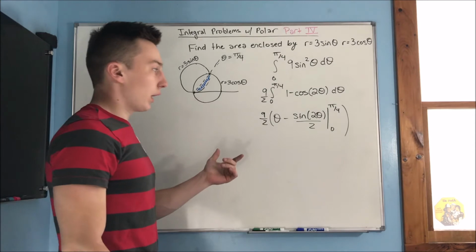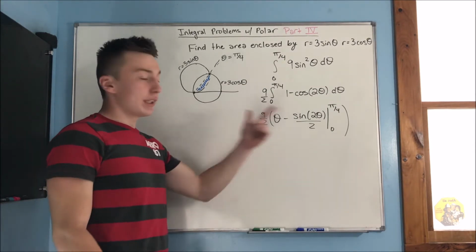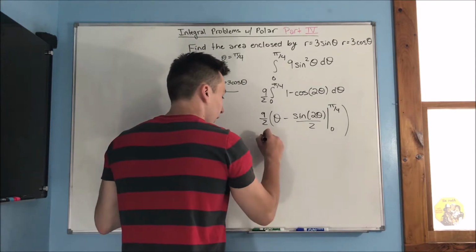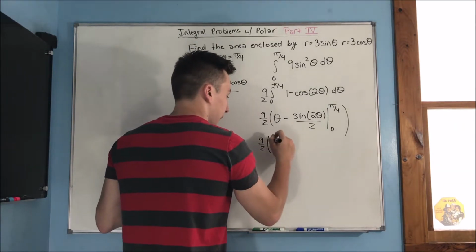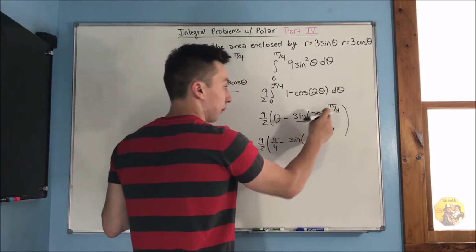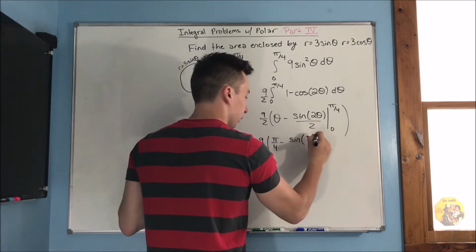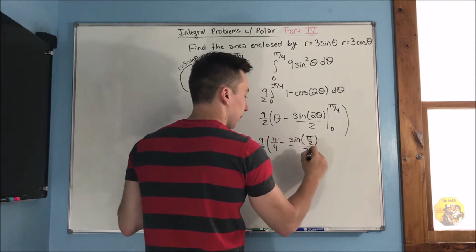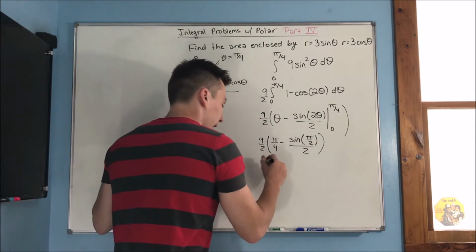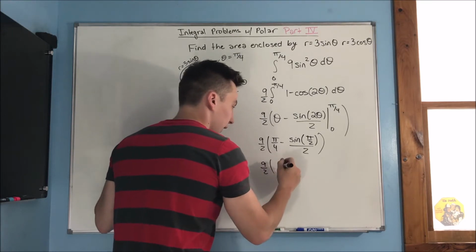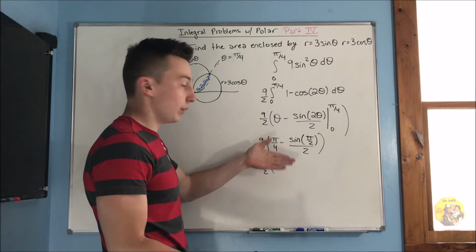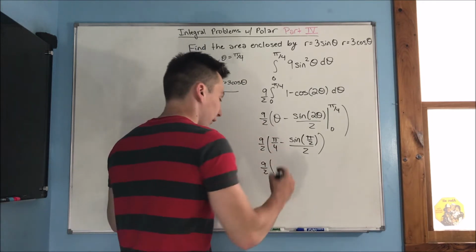Just plugging in here, 0 is actually just going to kill off everything, so we have to worry about that pi over 4 now. We get 9 over 2 times pi over 4 minus sine of 2 times pi over 4, that's sine of pi over 2, divided by 2. Sine of pi over 2 is just 1, so we're going to get a 1/2 in there.